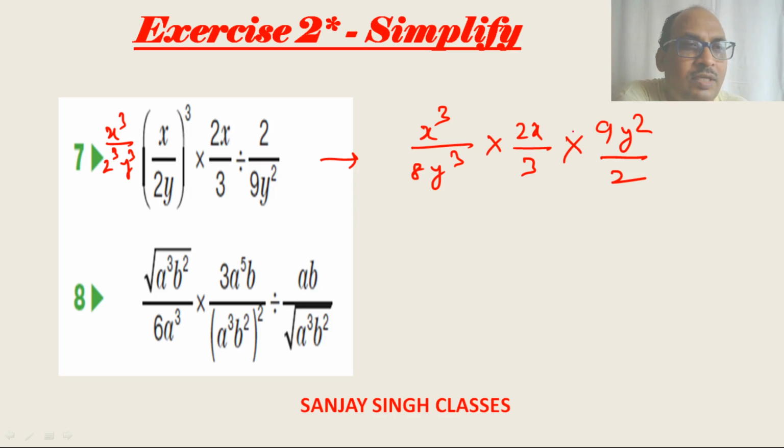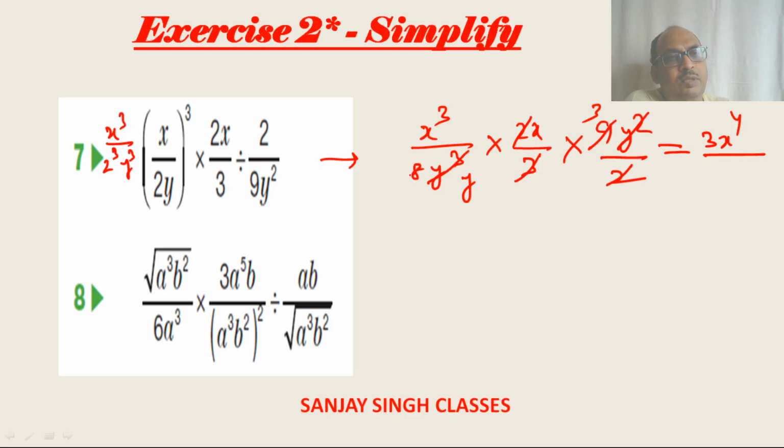So now we will be cancelling this 3, 3 3s are 9, and this y square will cancel this y cube as y. And this 2 and 2 has got cancelled, left with 3x to the power 4, right? Denominator 8y only, 8y.